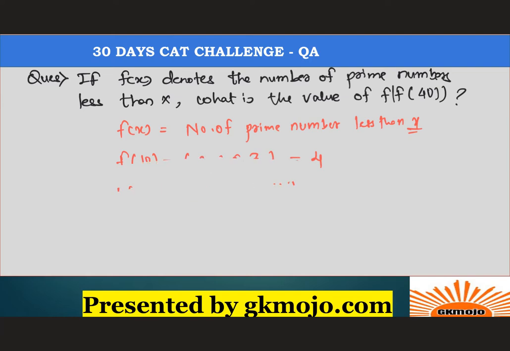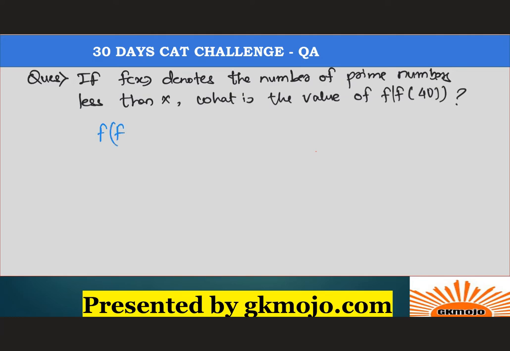Now let's get to the business and solve this question. f of x denotes the number of prime numbers less than x. What is the value of f of f of 40? First let's deal with the inside part, which is f of 40.